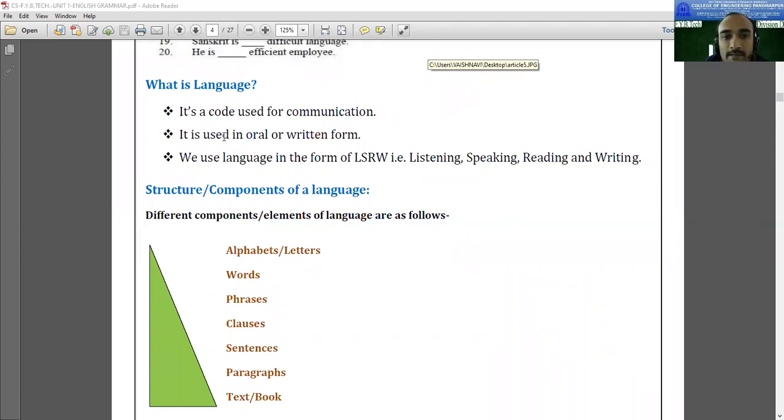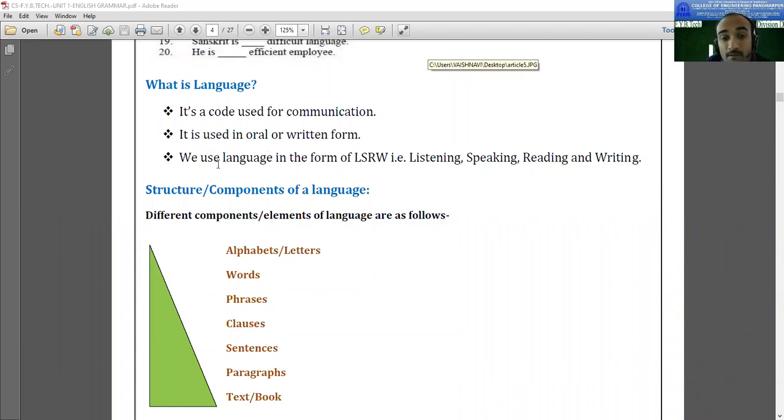Okay, it is used in oral or written form. So language has both forms. Either we can use it orally or we write it down. Both forms are used.